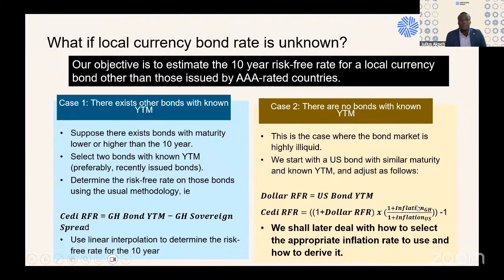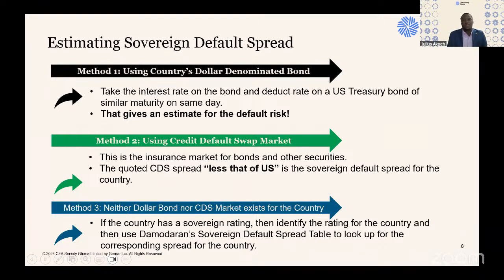Now, we've been talking about sovereign default spread. How do we determine the sovereign default spread? There are 3 methods. The first one: if the government has some Eurobonds, dollar-denominated bonds that are actively trading or recently issued, then you take the yield on the Eurobond and the yield on a US security, because both are in dollars.